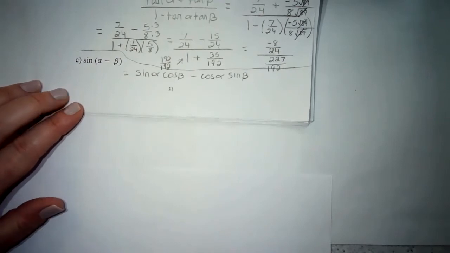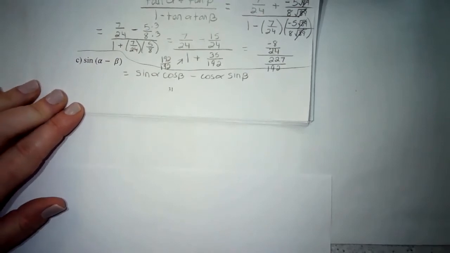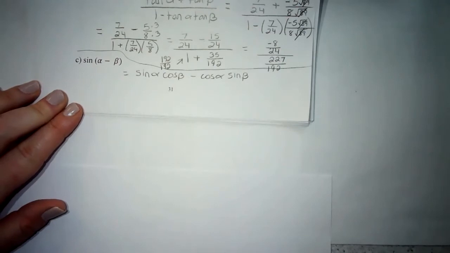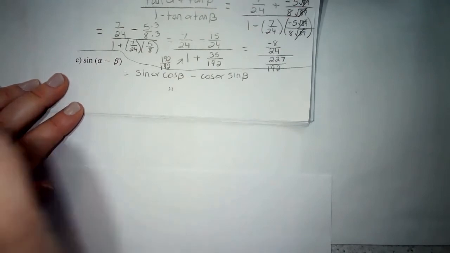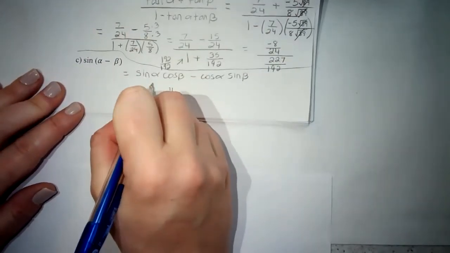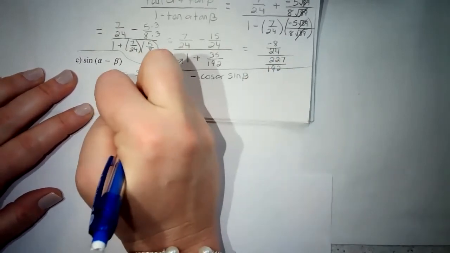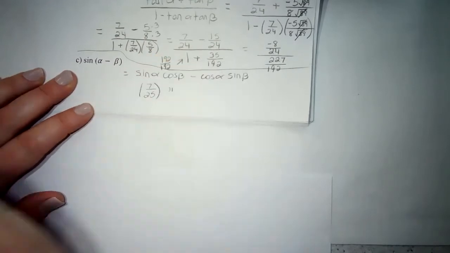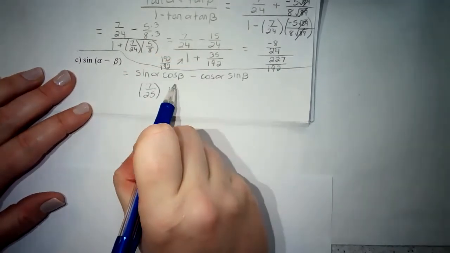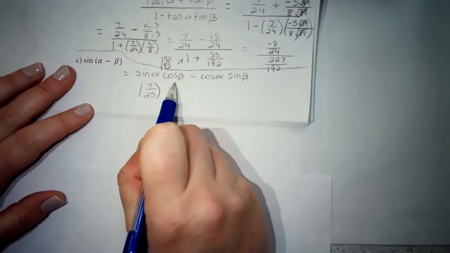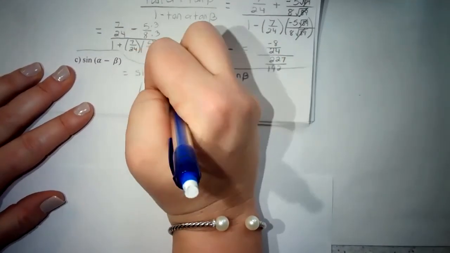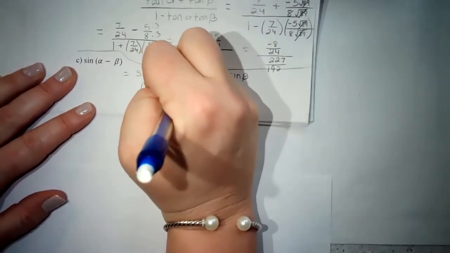Okay. So again, we're still doing all this stuff from that little alpha beta chart we made way up high. So this means I want to go to the alpha beta chart and I want y over r. That is 7 over 25. All right, cosine beta means go to the beta chart and find x over r.